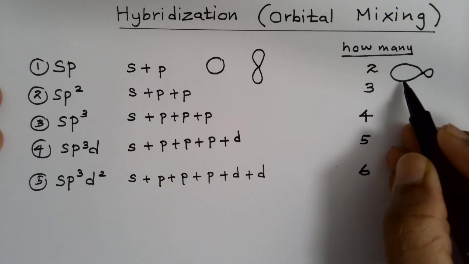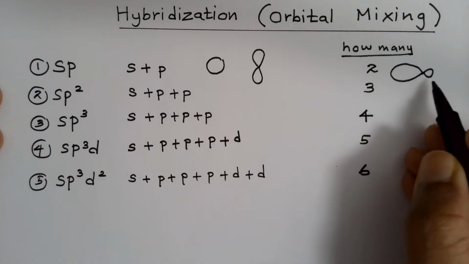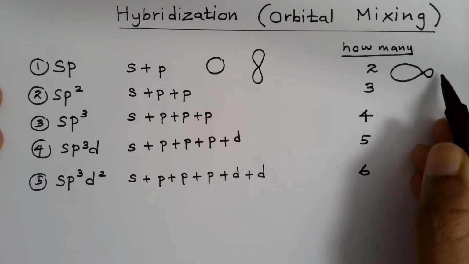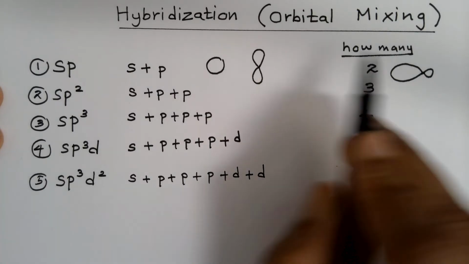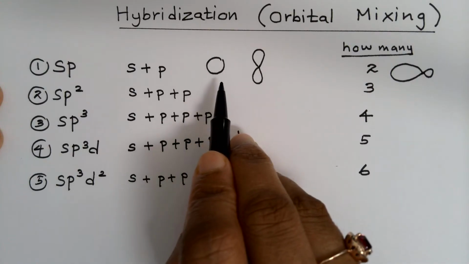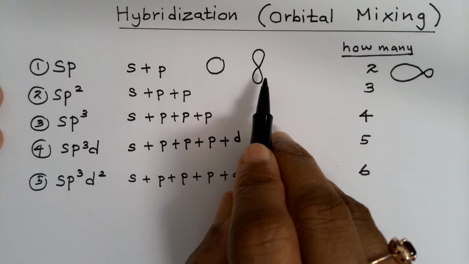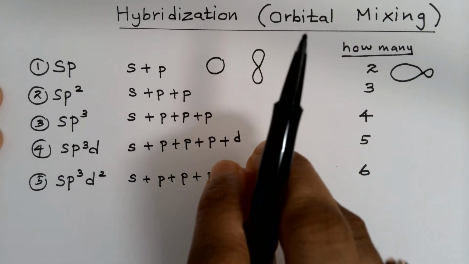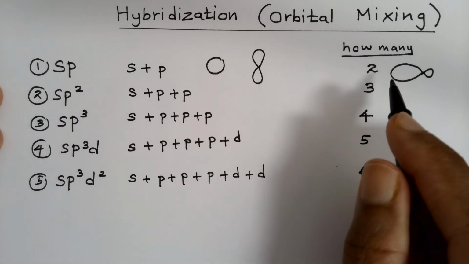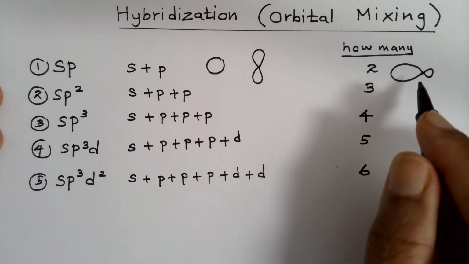But before hybridization, we have spherical s orbitals and dumbbell shaped p orbitals, different shapes. If we mix them together, we make orbitals of the same shape.